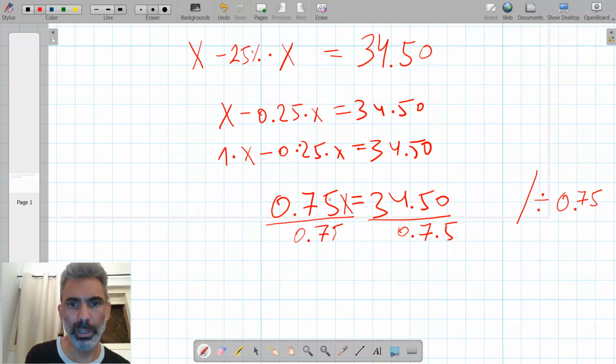So on the left hand side, this and this cancel out each other. So we're left with X equals 34.50 divided by 0.75.